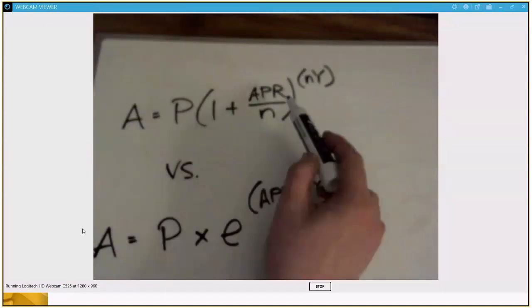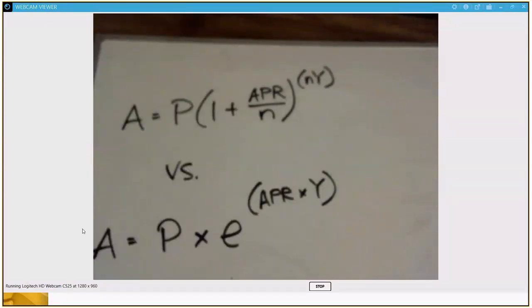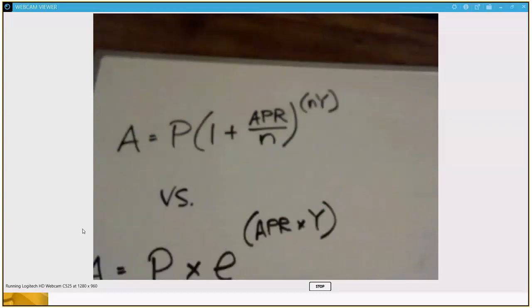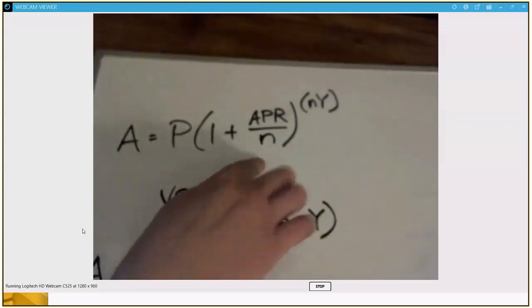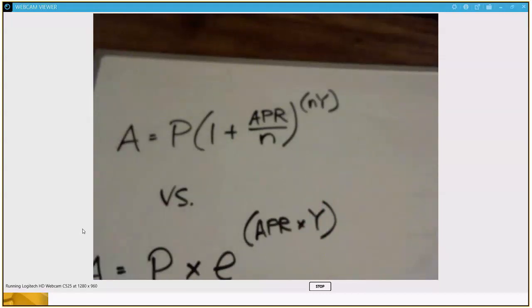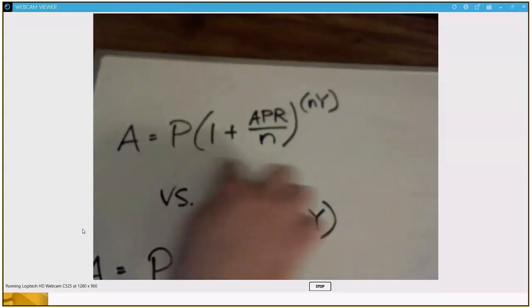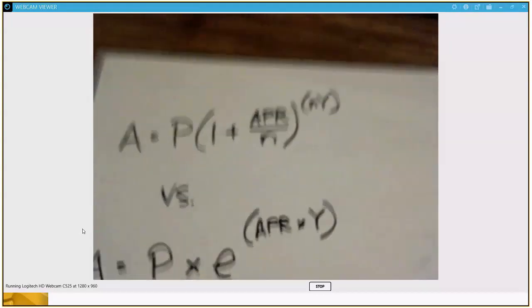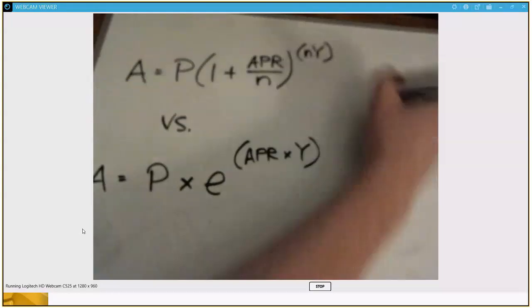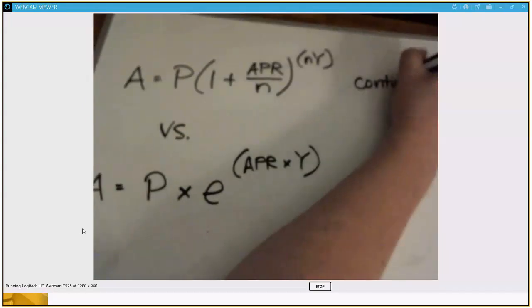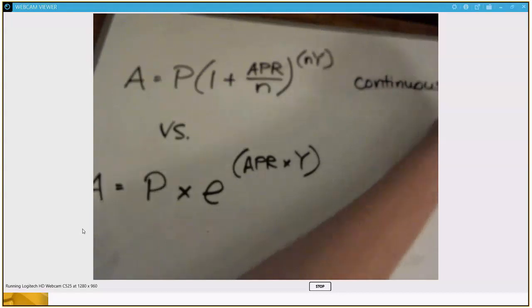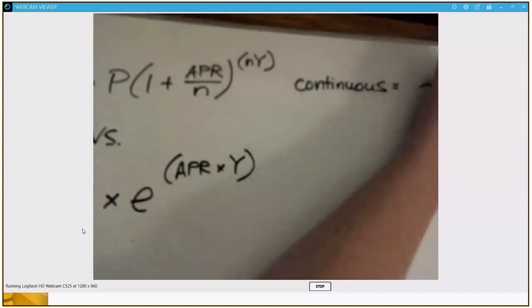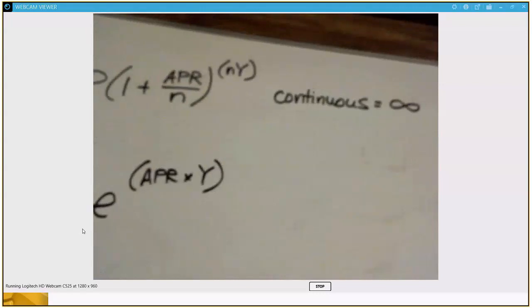Here's the old one that's been working for everything so far up until now. This is the formula that you use for compound interest if it's pretty much anything at all except for continuous. So if it's annual, quarterly, monthly, daily, anything, this formula works for all of those. The problem is if it's continuous, continuous means infinity.